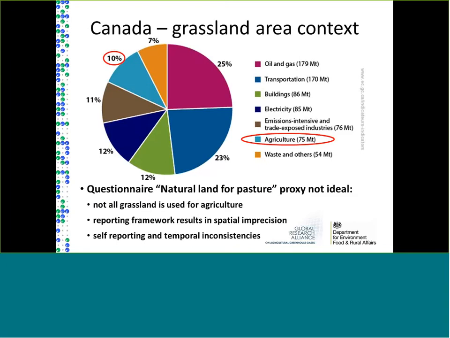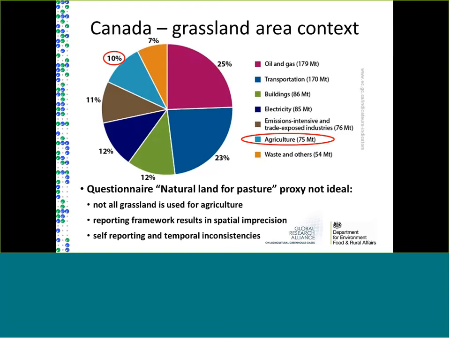The reporting framework used for the Census of Agriculture is spatially imprecise because the location which is given is the location of the headquarters for the particular land management, i.e. a farmhouse, which won't relate that precisely to the actual fields or plots of land that are being reported on.